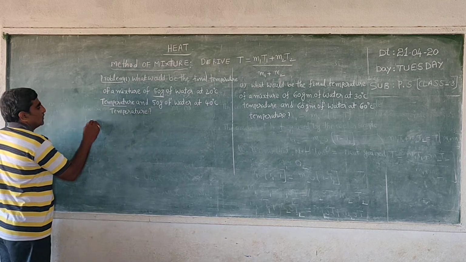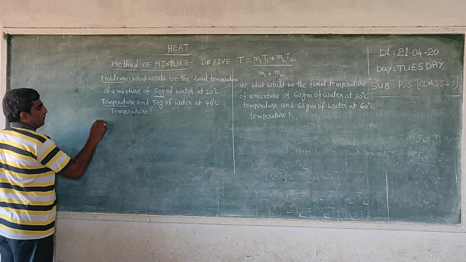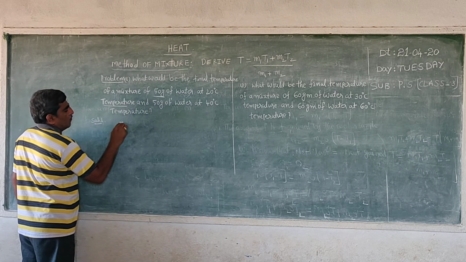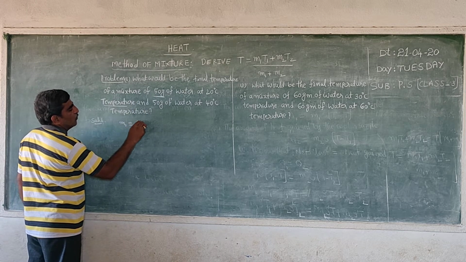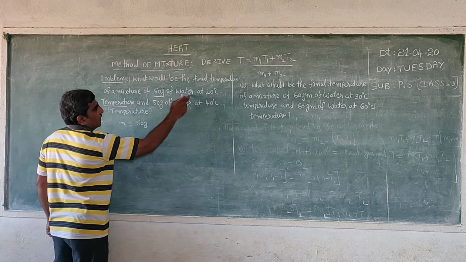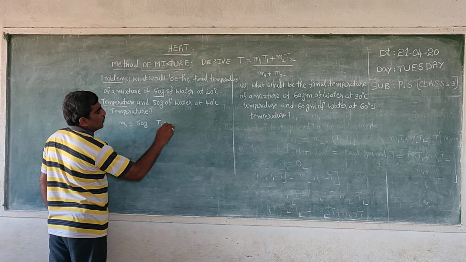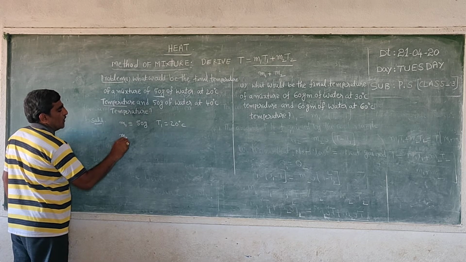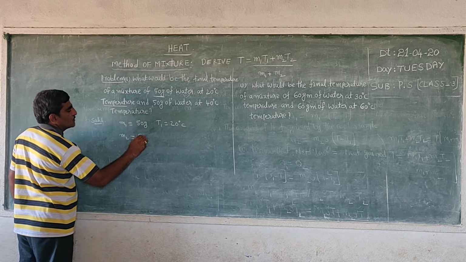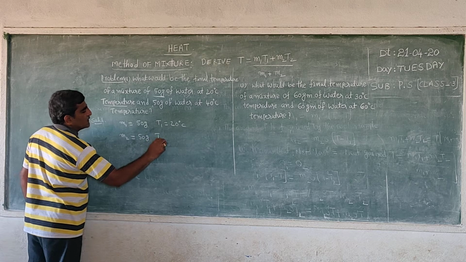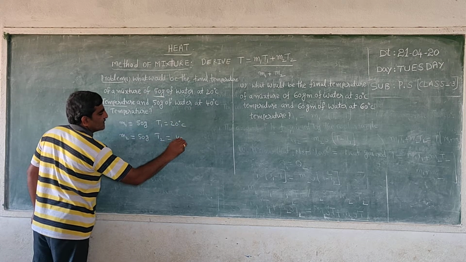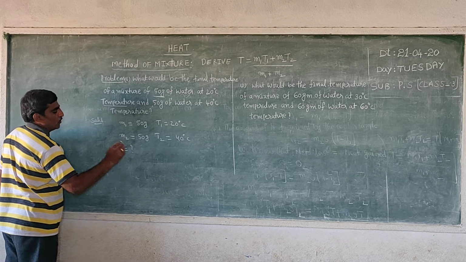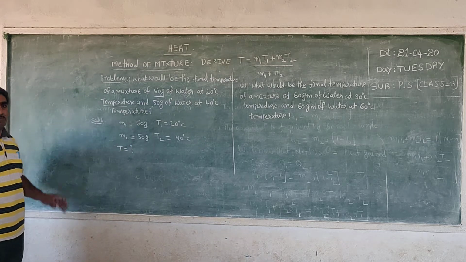We can write the solution. In this case, M1, the mass of the substance, is equal to 50 grams and the temperature T1 is equal to 20 degrees Celsius, M2 is equal to 50 grams and T2 is equal to 40 degrees Celsius, and T equal to question mark, the final temperature of the mixture.